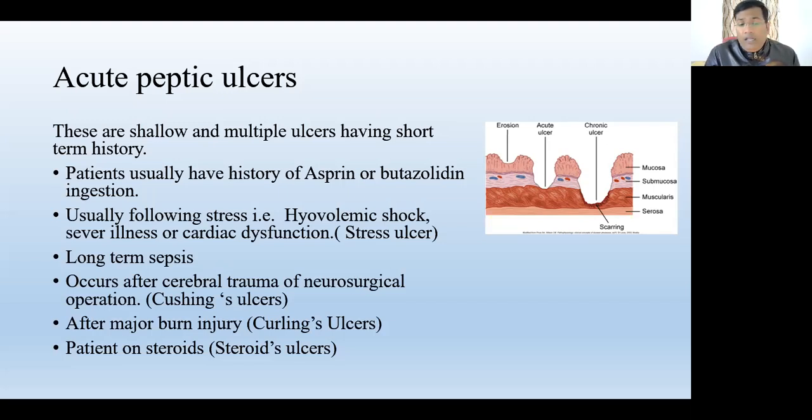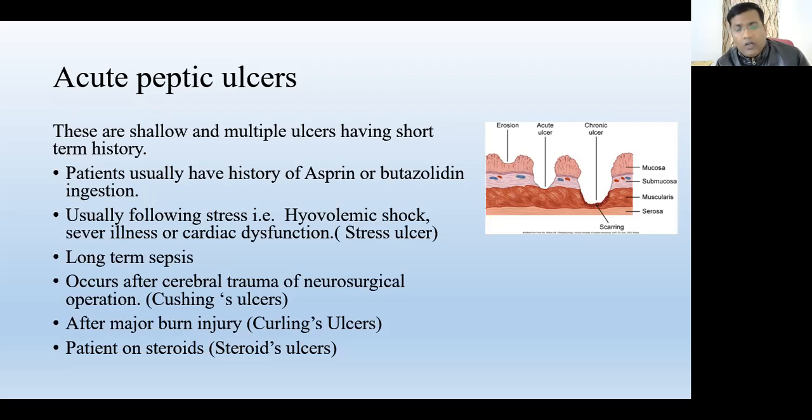Similarly, burn patients may have ulcers called Curling ulcers, or patients who receive steroids may develop steroidal ulcers. So these are the different drugs or particular conditions which may cause the development of ulcers in the gastric as well as the duodenal part.